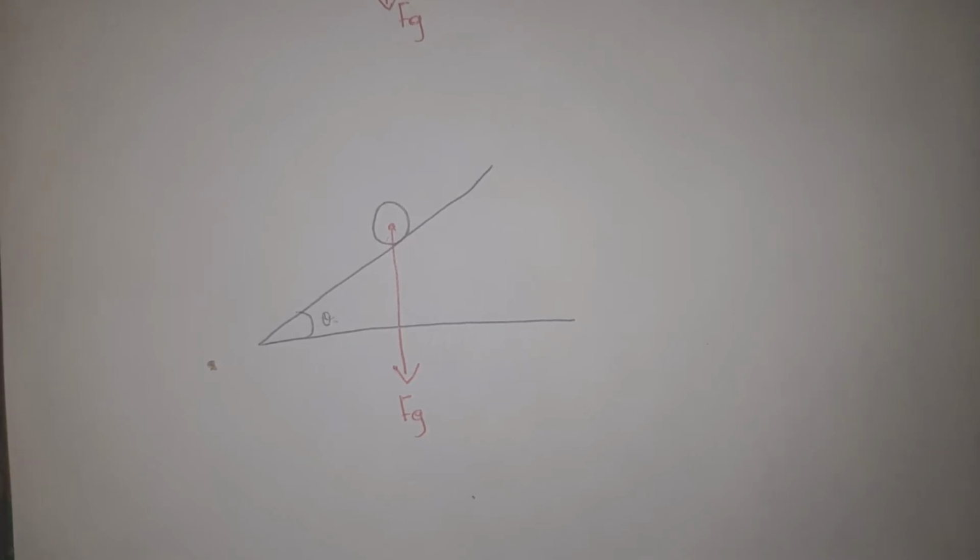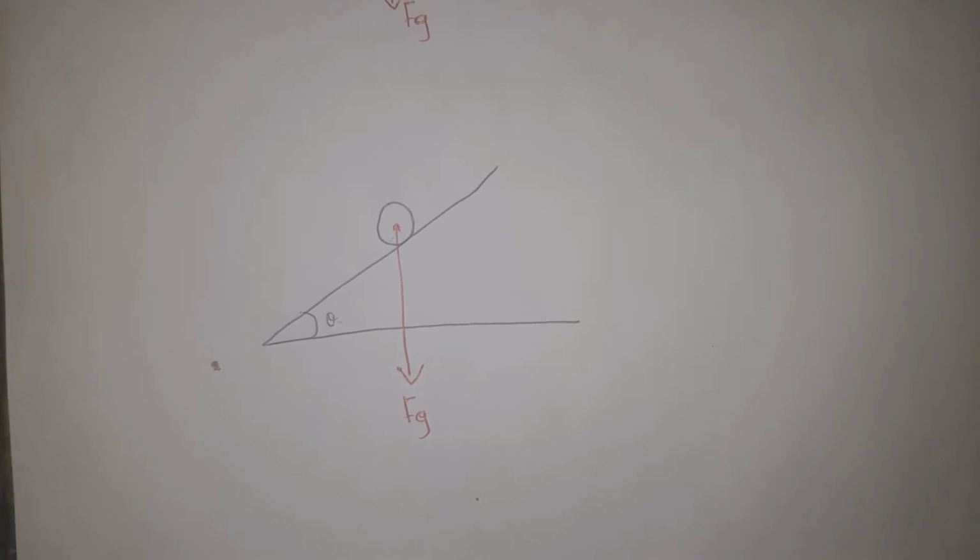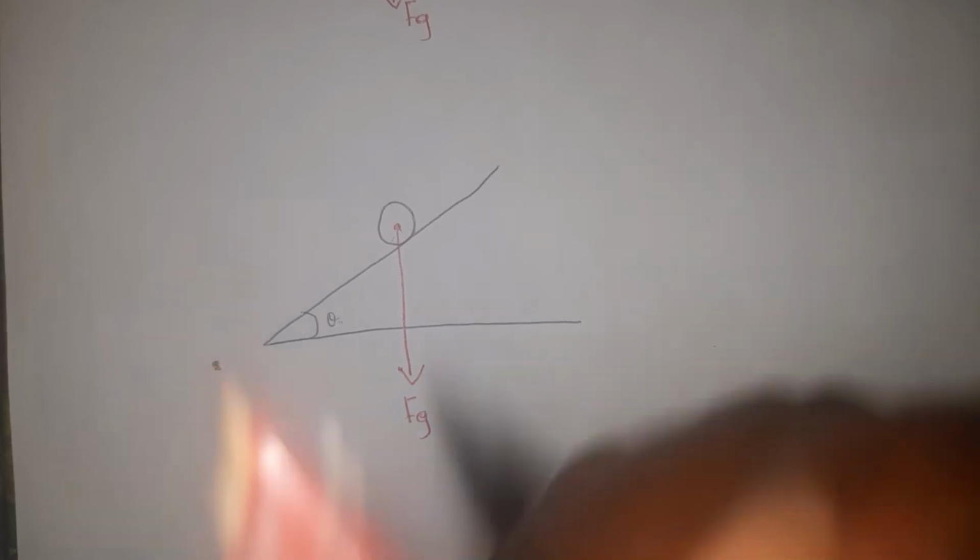This force that acts parallel to the slope will cause the ball to accelerate downwards, and it is called FG parallel.